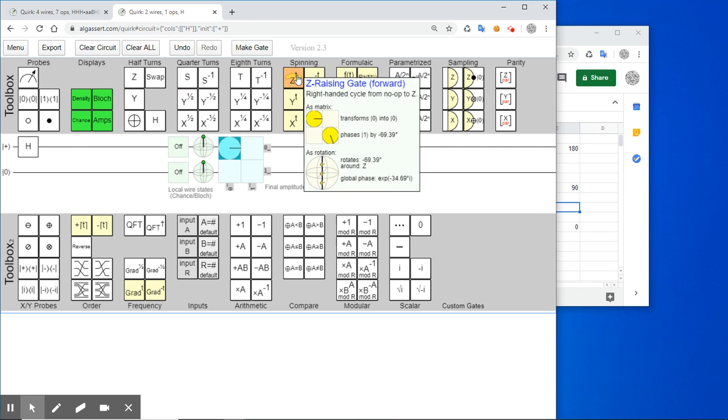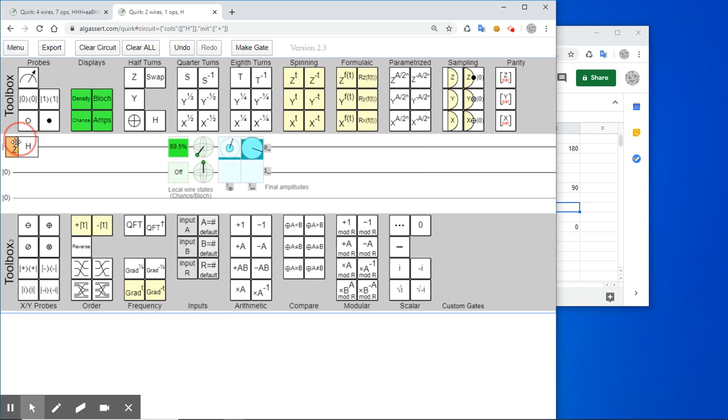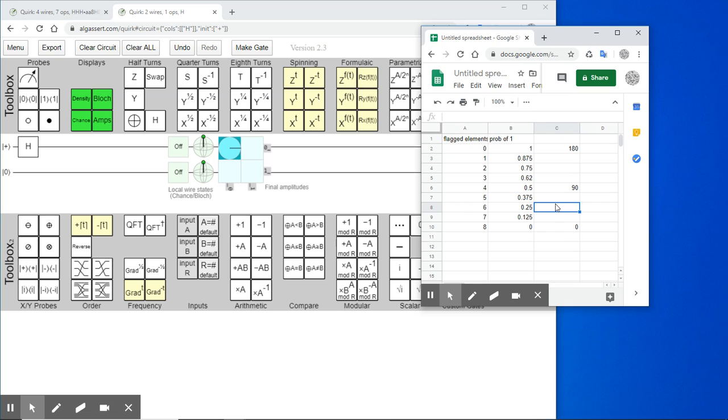Okay. So if I apply a spinning Z, how does this look like? Seems like it's filled up. Doesn't this behave linearly? Shouldn't this be 45 degrees?